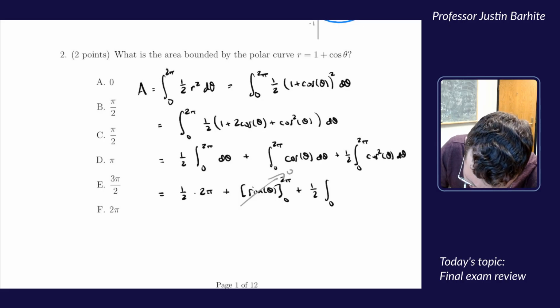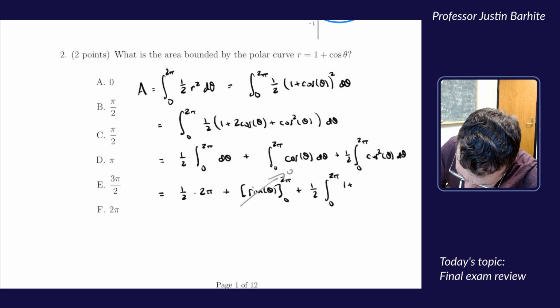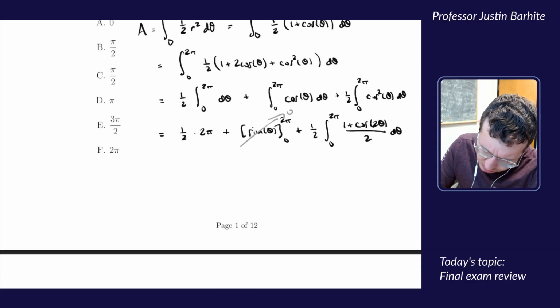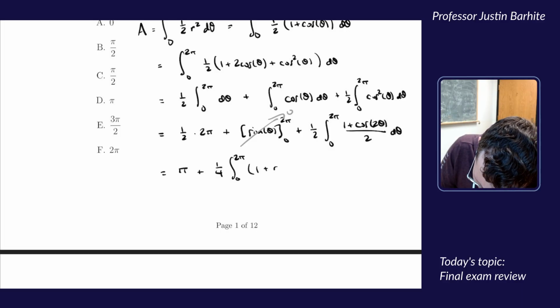And then lastly, I'm going to rewrite cosine squared of theta as 1 plus cosine of 2 theta over 2. So I've got pi plus 1/4 times the integral from 0 to 2 pi of 1 plus cosine of 2 theta.